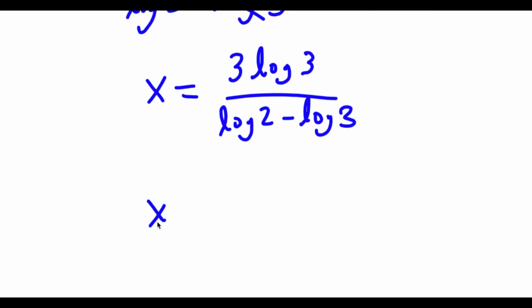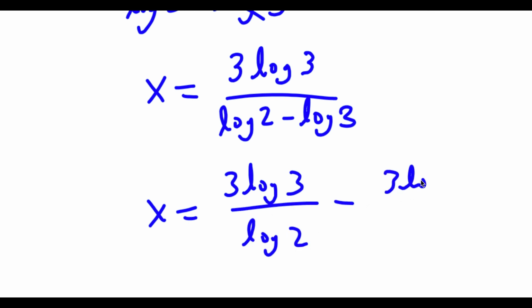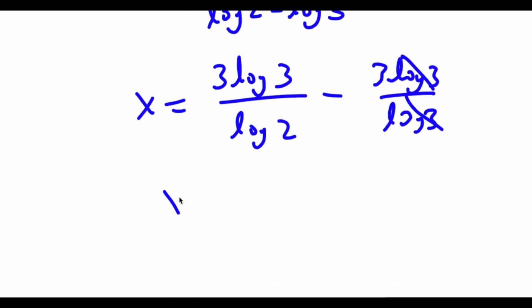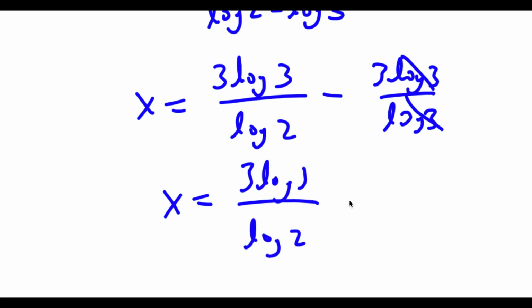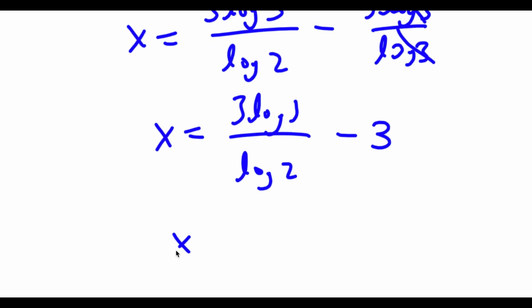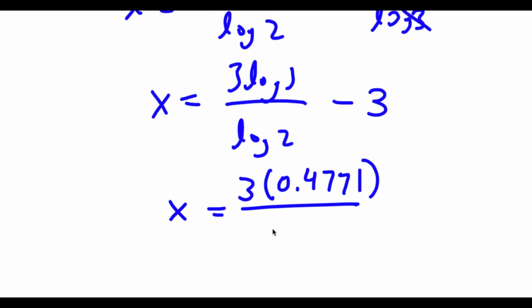Now I can rewrite this as 3 log 3 over log 2 minus 3 log 3 over log 3. So these two cancel out, and I get 3 log 3 over log 2 minus 3. Now log 3 is equal to 0.4771, and log 2 is equal to 0.3010.